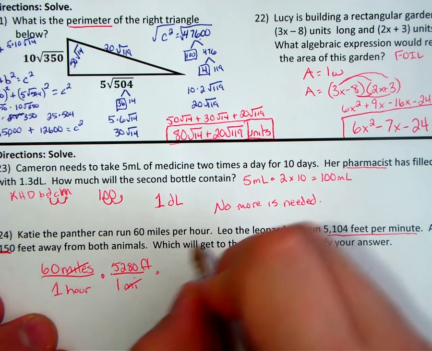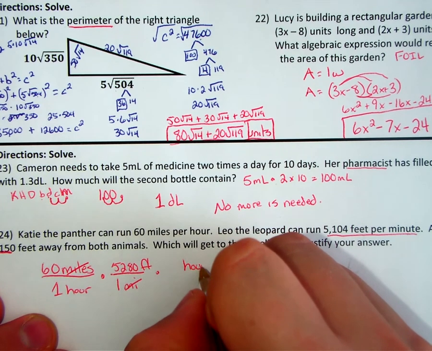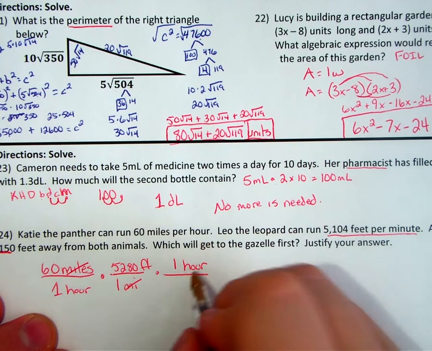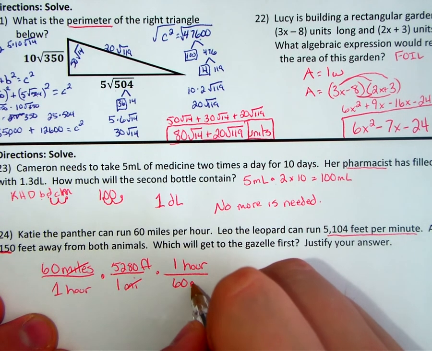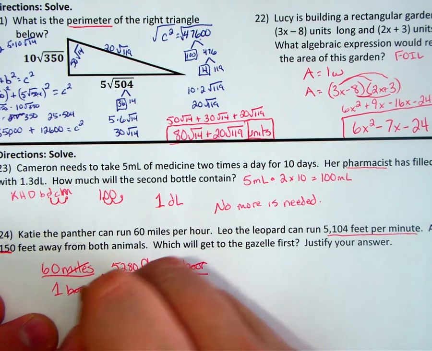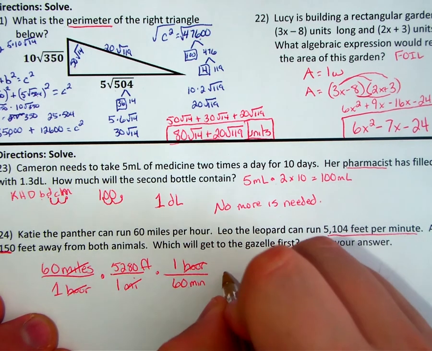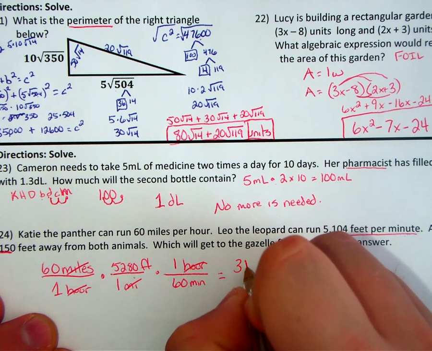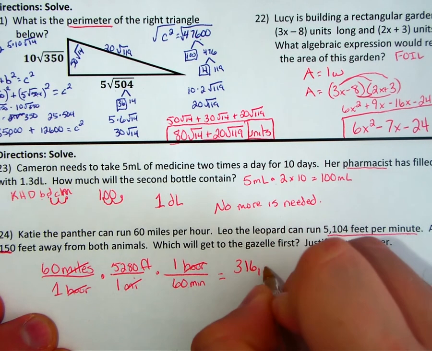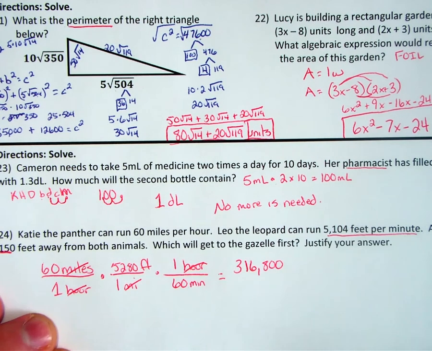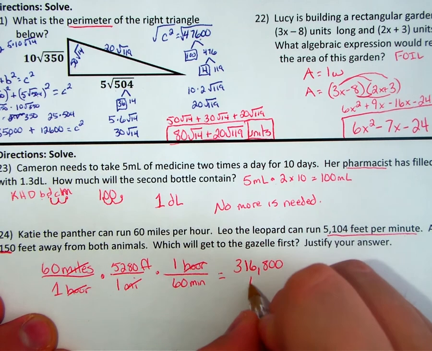All right, we want to cancel out hours, so I needed hours in the numerator. 1 hour is equivalent to 60 minutes, so I can cancel out hours. We're left with minutes in the denominator. That's what we're trying to get to. So we now have 60 times 5,280, which equals 316,800 over 1 times 1 times 60.